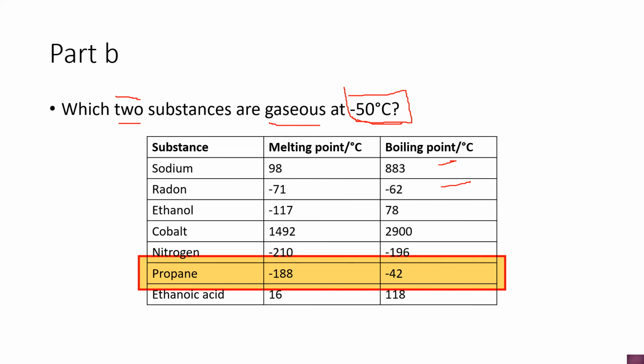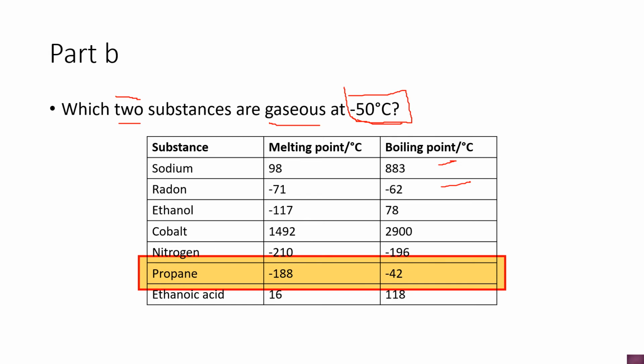So in order for that, we have to search for a temperature which is near to minus 50, because if you have referred to my part 1 video, we did a heating curve question.